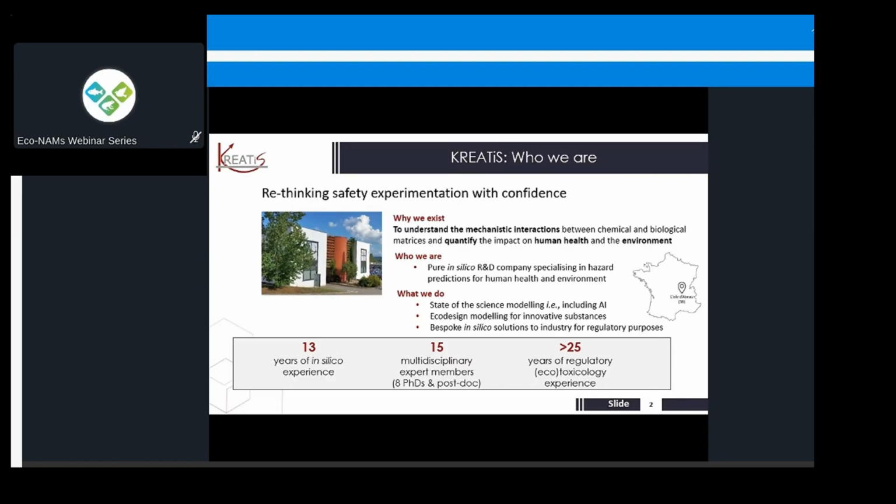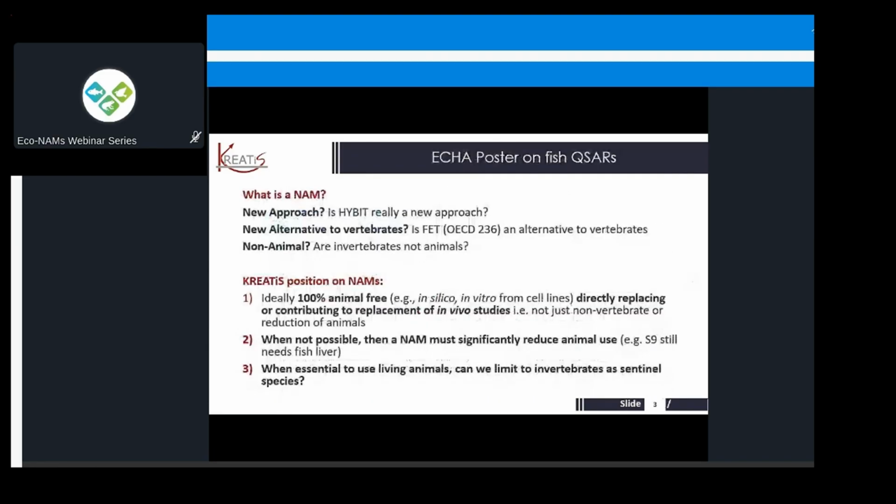We also have more than 25 years of regulatory toxicology experience, because we worked on REACH dossiers, and there was a lot of recognition that validated studies are really important to be able to produce quality QSARs.